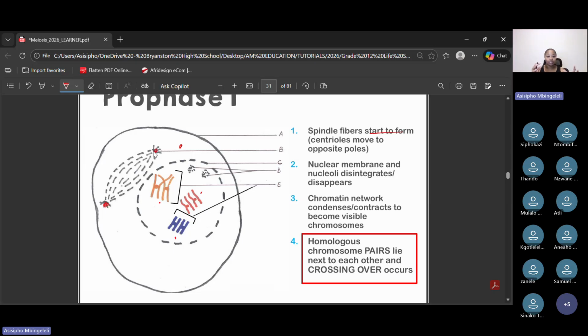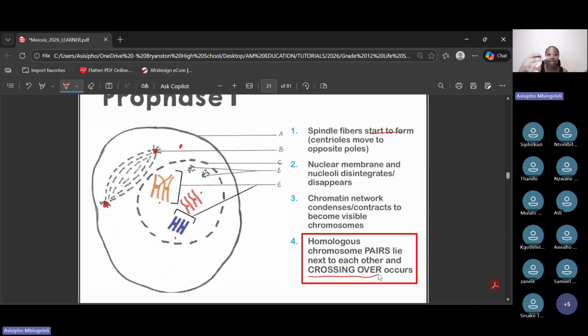We can see it. So that's a mark. You are able to also see that the nuclear membrane and the nucleolus are disappearing. That is a mark. And you are also able to see that these chromosomes are in pairs and they're lying next to each other to prepare for which process? Crossing over. That is a mark.